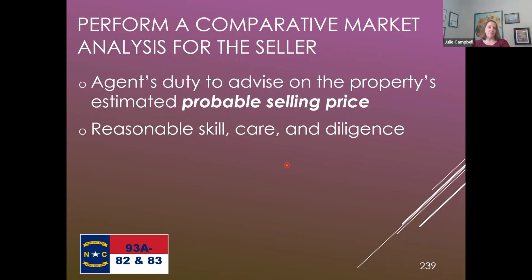We're the ones putting the information in. And I really could have any kind of outcome that I wanted. But is that practicing reasonable skill, care, and diligence? Absolutely not. So we need to perform these things in a competent manner within that reasonable skill, care, and diligence, not just putting any old thing in there, but proceeding with caution.